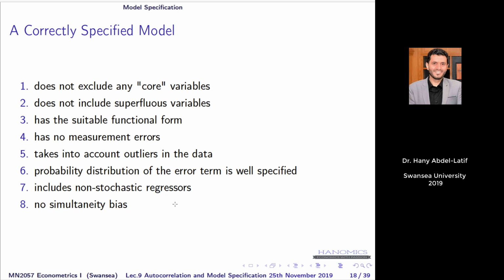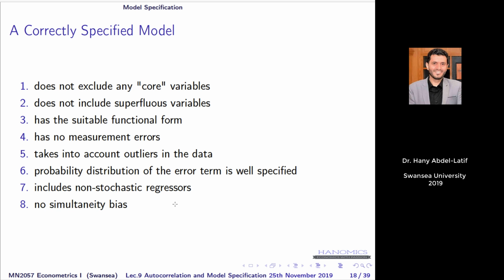We already discussed that when we talked about log, lin-log, quadratic functions, etc. You don't have measurement errors, especially in your regressors, your x's, etc. You need to take into account any outliers in your data, so any extreme values. You need to correctly specify the probability distribution of your errors.